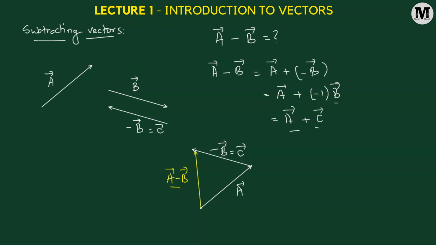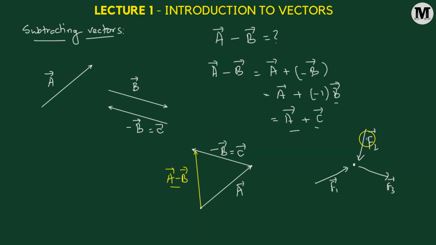To give you a gist of why we are going through the pain of adding and subtracting vectors, if we want to think in terms of addition of forces, let's say we have some particle here and this particle is acted upon by different kinds of forces. So we have force F1 acting on it, so force is a vector quantity. Then we have another force F2 acting on it. Then we have another F3 force which is pulling this particle in its direction.